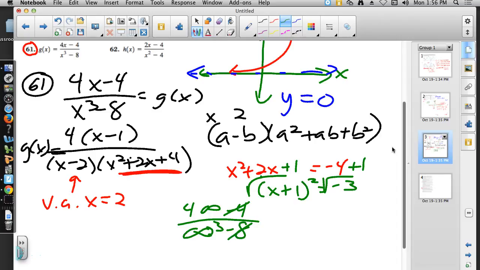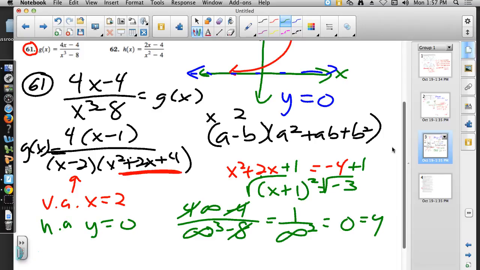That's going to be spitting in the ocean. And so will this 4, really, because we're talking about infinity cubed in the denominator. So we're really saying this is going to be 1 over infinity squared. Well, that's going to get smaller and smaller and smaller, so close that we can't tell the difference between it and 0. So that gives us the horizontal asymptote of y equals 0.